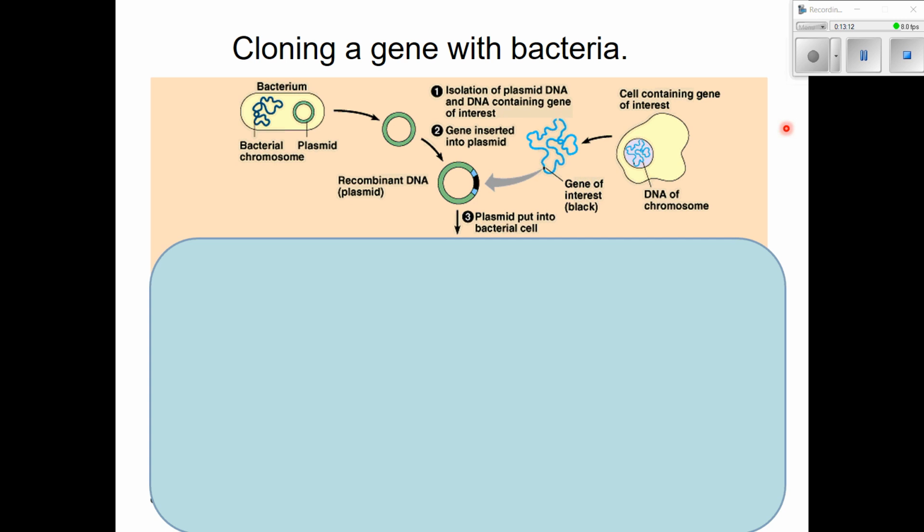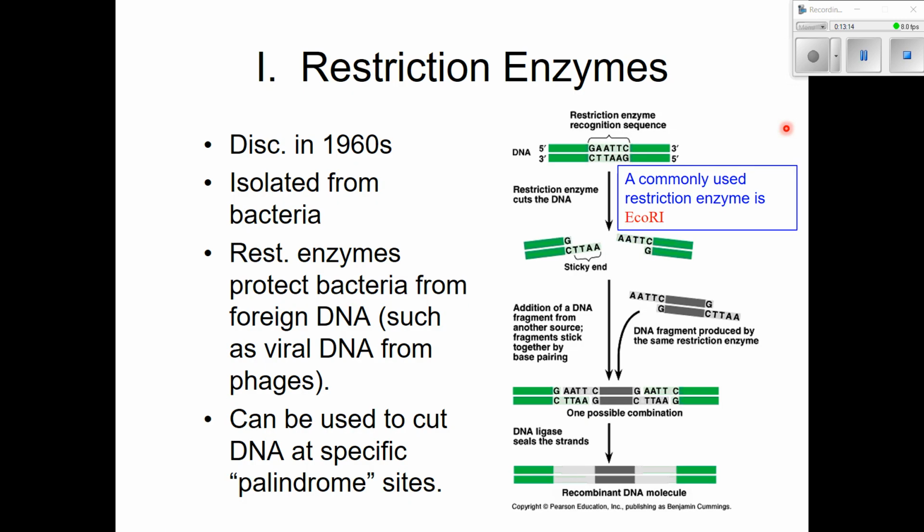Okay, so to cut DNA, one must use an enzyme called a restriction enzyme. Sometimes they're called restriction endonucleases. These are enzymes that are naturally occurring in bacteria. They were first discovered by science in the 1960s.